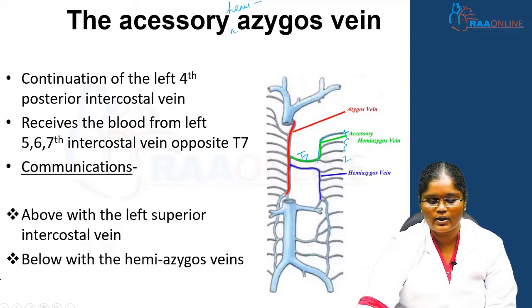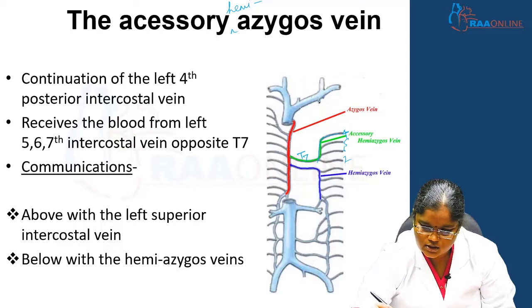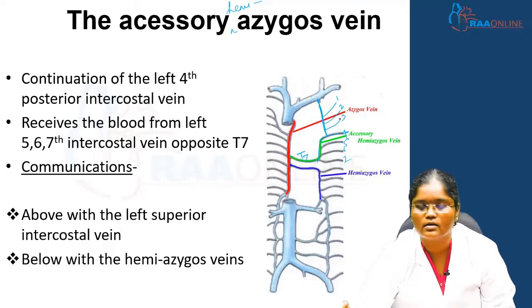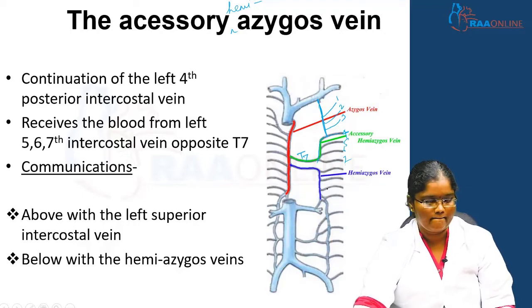Above, it communicates with the left superior intercostal vein. So this is the location of the left superior intercostal vein. This is formed by the union of the first, second and third intercostal veins. Below it is the hemiazygos vein.